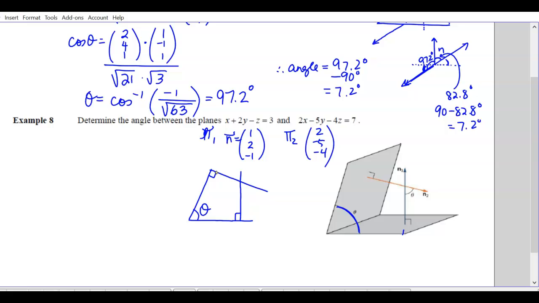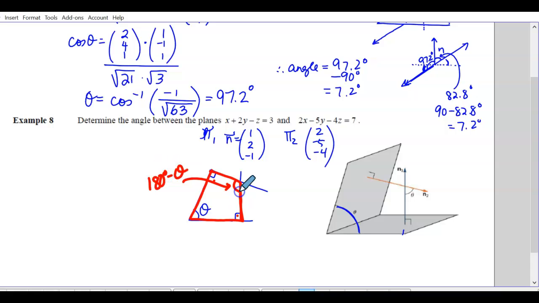This now is a quadrilateral, and we know the angles add to 360. We've already got 180 in here, so this angle in here has to be 180 minus theta to make a quadrilateral.